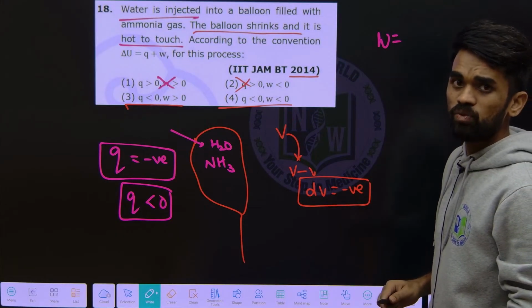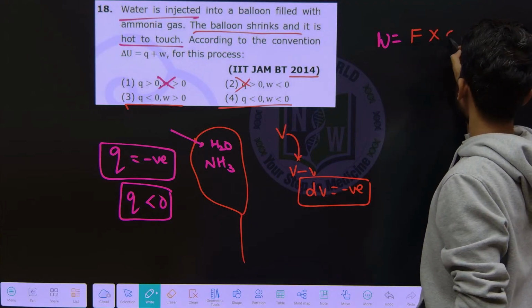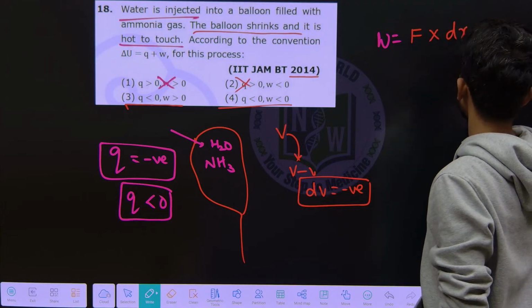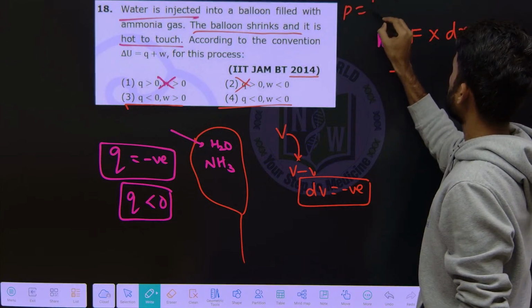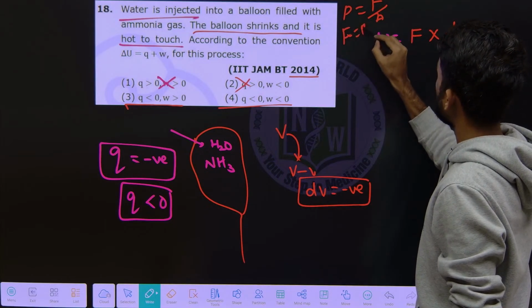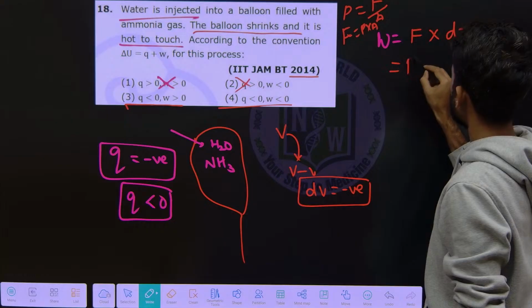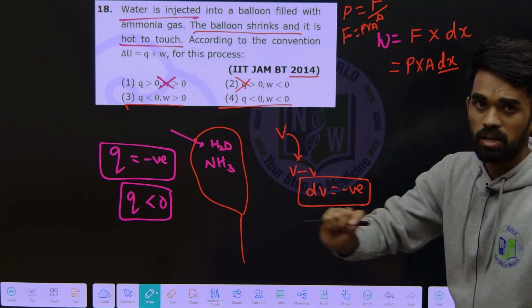See, work. How can we define this work? Work is nothing but force into displacement, dx we are writing. Pressure is nothing but force per unit area, so in place of force I can write pressure into area. So here I can write P A dx. dx means displacement, length only.